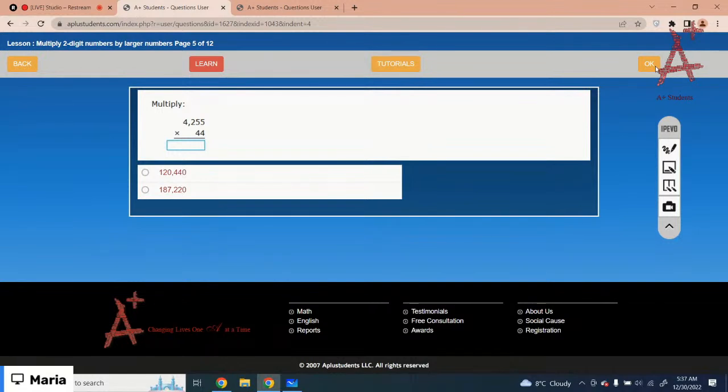That would be the second option. Got it. 1,187,220. Got it. The second option is the correct one. Just select the correct option and click on the OK button.